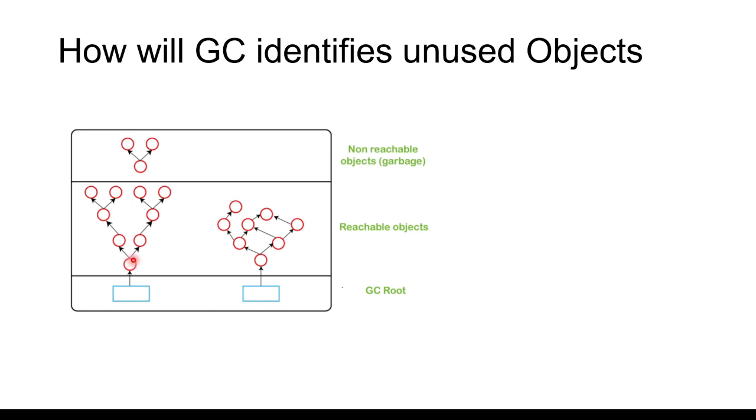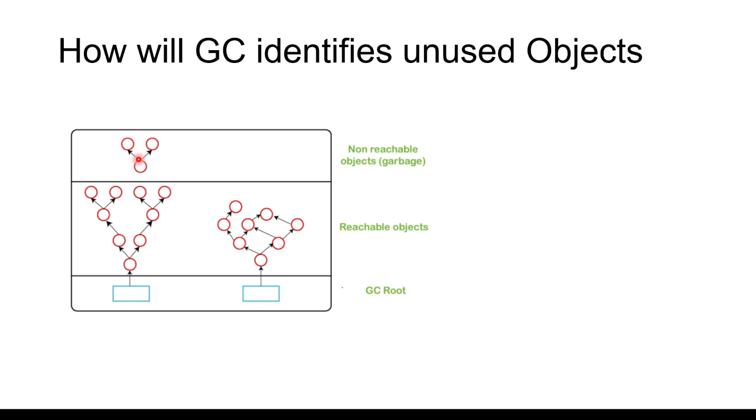Here we can see there is a link from this GC root to all these objects, so all these objects can be reached and are live objects. And these three objects are not reachable from this GC root. It means there is no link from the code to these objects, so these three objects are now eligible for GC, garbage collection.